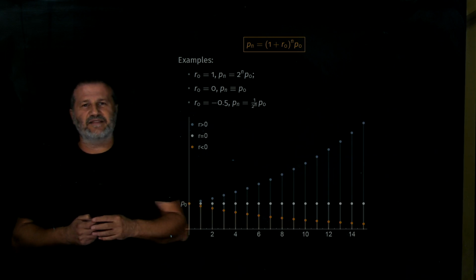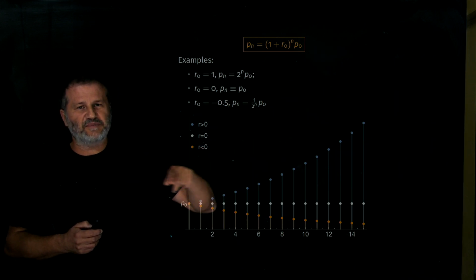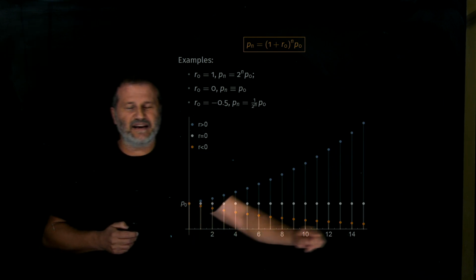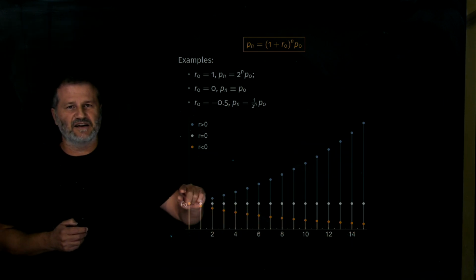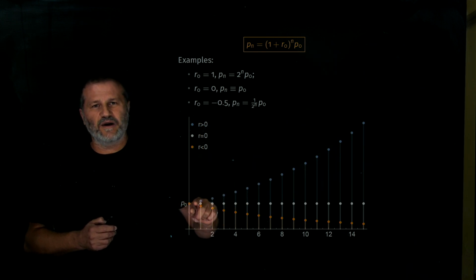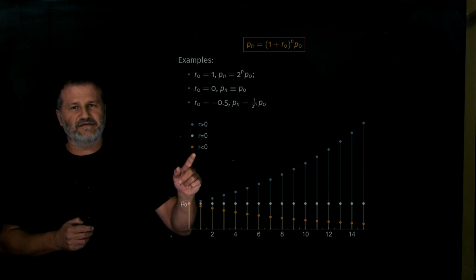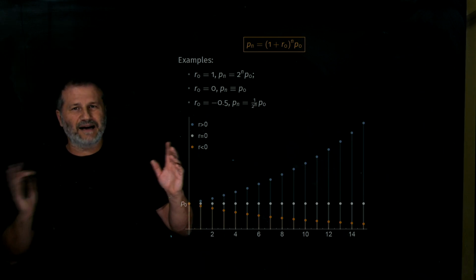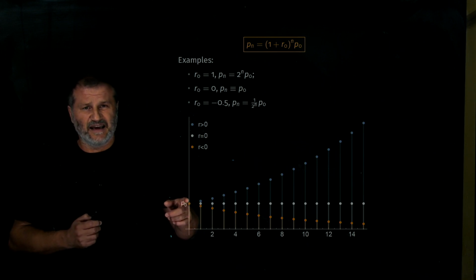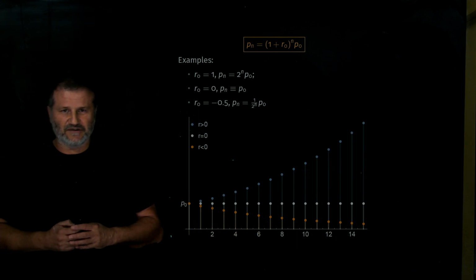We have a case when the rate is positive, the population grows; here it is represented the numerical value of Pn as a function of n, which is on the horizontal axis. So this is Pn as a function of n when r is positive. When r is 0, it is constantly equal to P0. And when r is negative, actually this r can be between -1 and 0, it cannot be less than -1 for this model. You see that Pn is decreasing and going rapidly to 0.